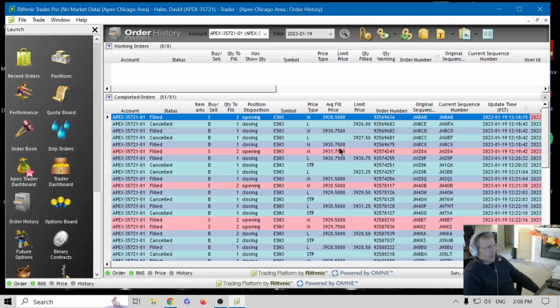Filled, bought. Okay, so bought, and sold. Okay, this looks better. So 2 open, sold. Okay, and bought.